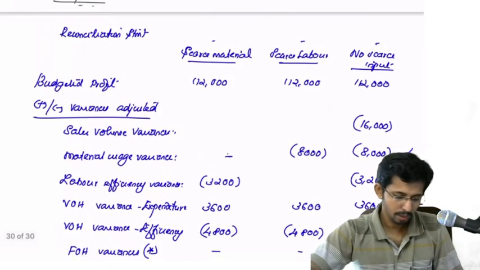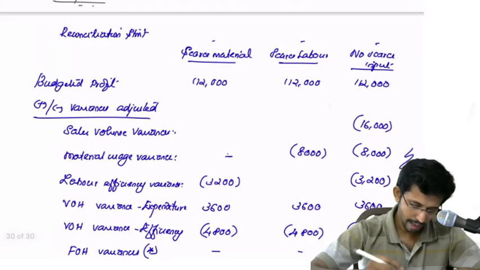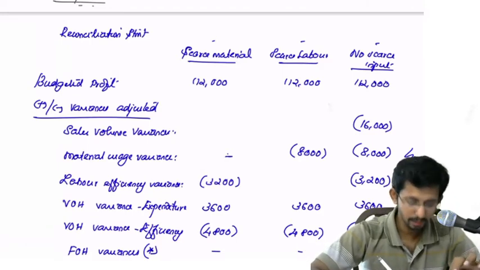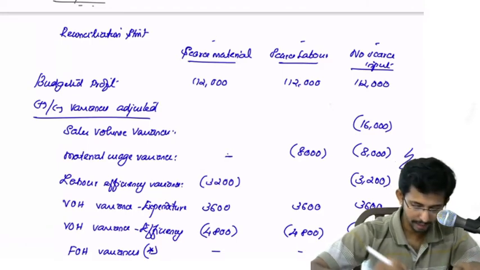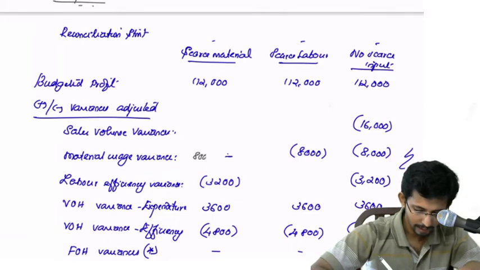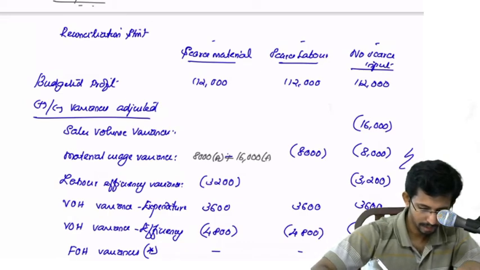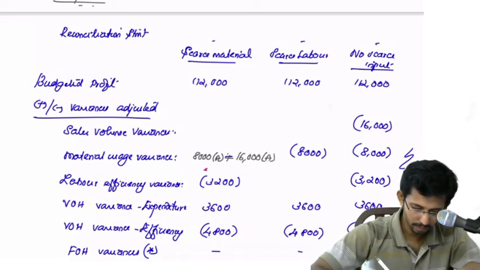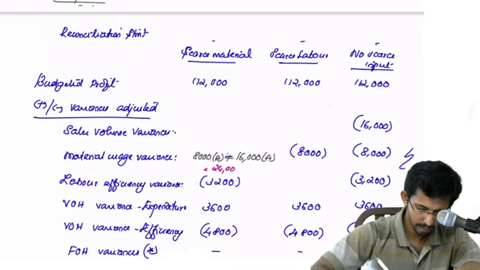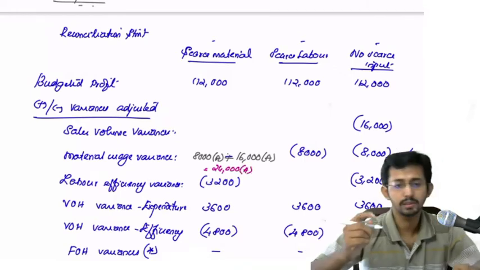So what do you have to do? You have to add that here with the material usage variance. What is the normal material usage variance? It is 8,000 adverse plus opportunity cost, that is 16,000 adverse. That will give you 24,000 adverse.